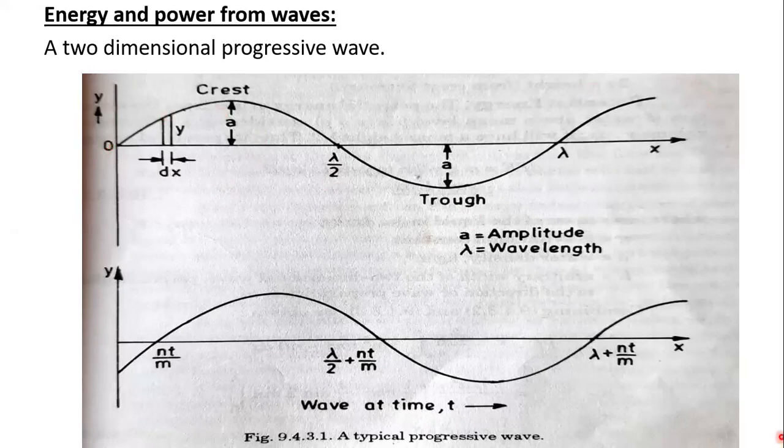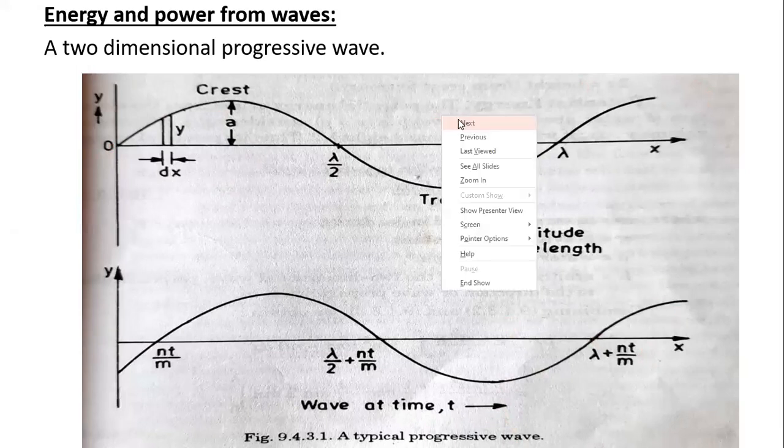These are represented by a sinusoidal simple harmonic wave shown at time t equal to 0 and at some later time t. The wave may be represented by the following relation involving some parameters.